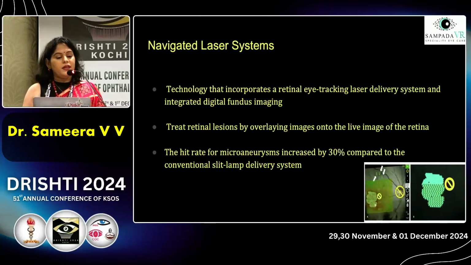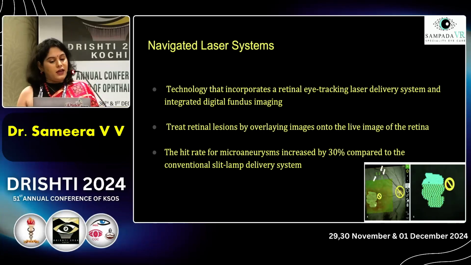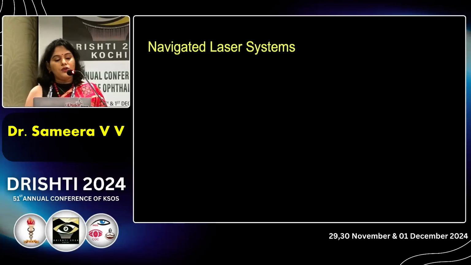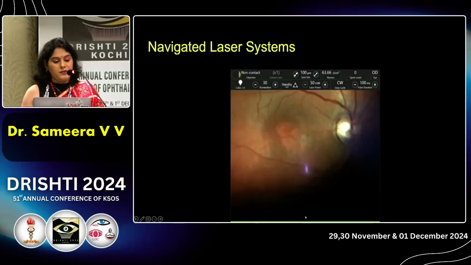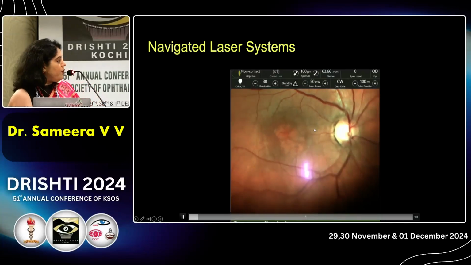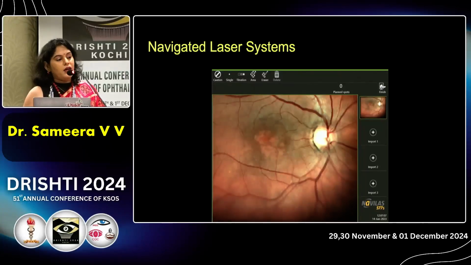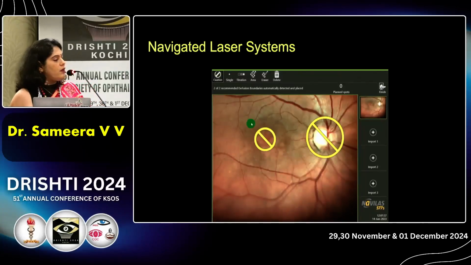And then comes the navigated laser system. This is a technology that incorporates a retinal eye tracking laser delivery system with integrated digital fundus imaging. You treat retinal lesions by overlaying the images onto the live image of the retina. You can see over here, it's a video. In this live image, you mark the disc as well as the fovea.